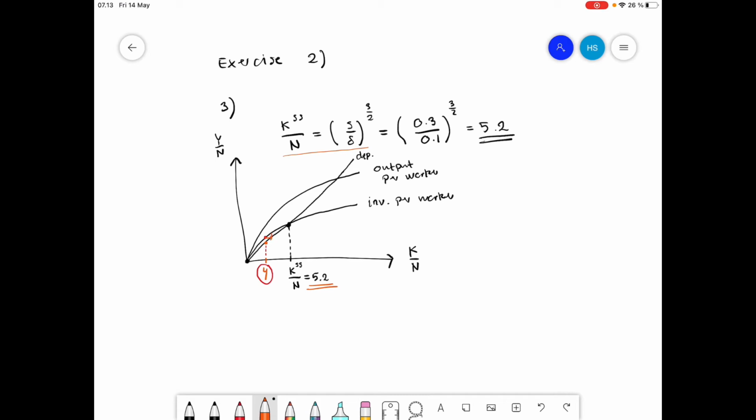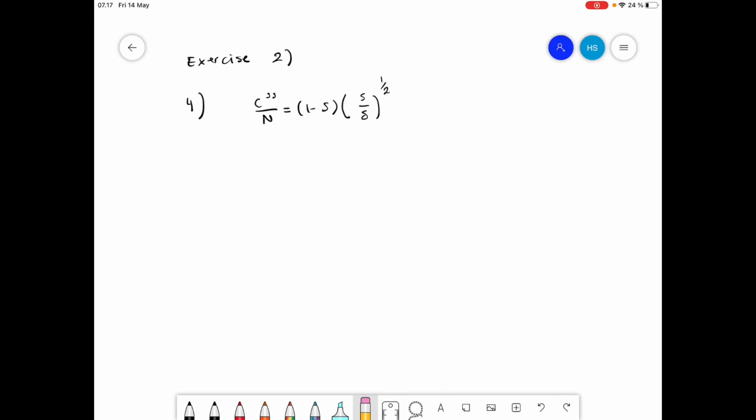As a result, output will increase over time. So whenever the capital stock in per worker terms is below the steady state value, we'll have that investments will exceed depreciation, and as a result, the stock of capital will increase in the economy, and therefore output will also.